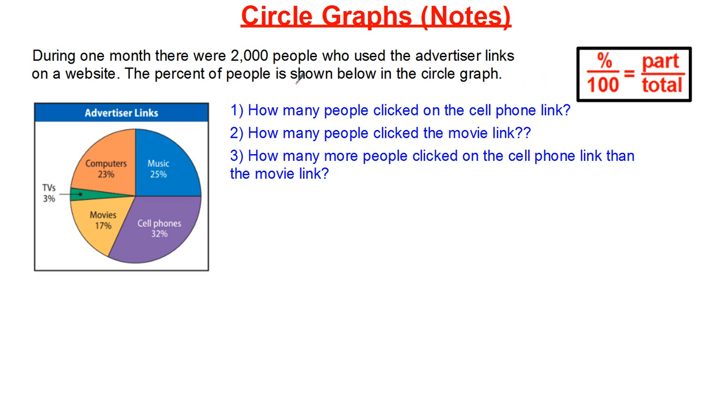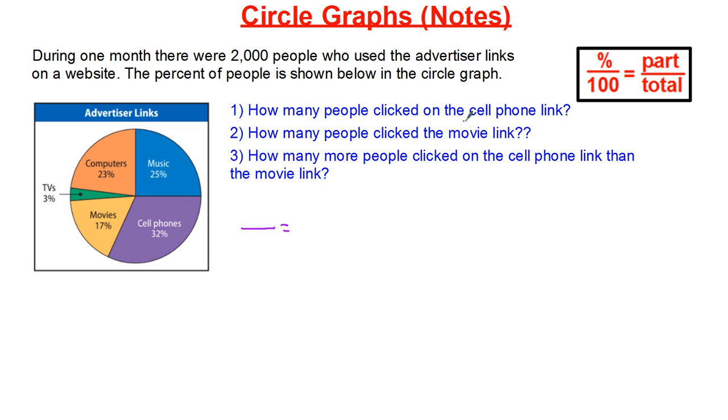So let's just go ahead and read this and do a couple of problems. During 1 month, there were 2,000 people who used the advertiser links on a website. The percent of people is shown below in the circle graph. How many people clicked on the cell phone link? Okay, so there are two ways we could go about this. First off, though, let's go ahead and set up a proportion.